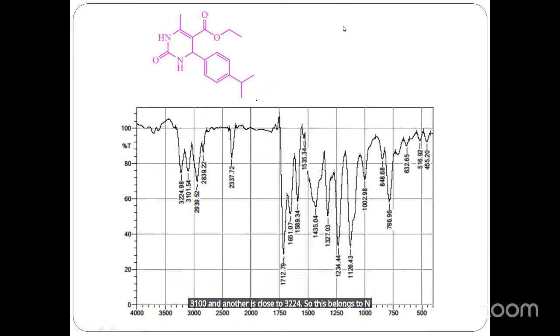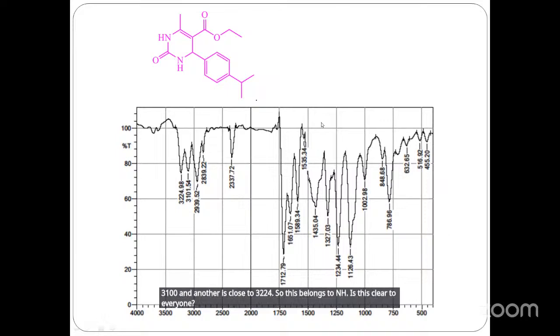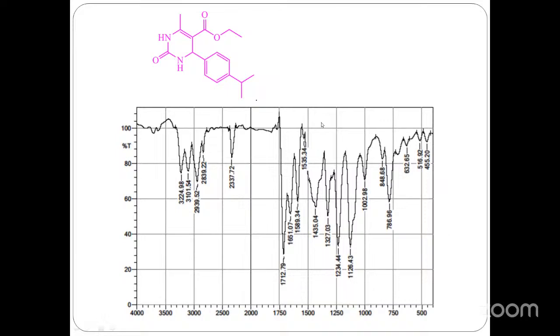Is this clear to everyone? So we have assigned the NH frequency. Now you can see two signals here at 2839 and 2939. All these signals are due to sp3 CH stretching.